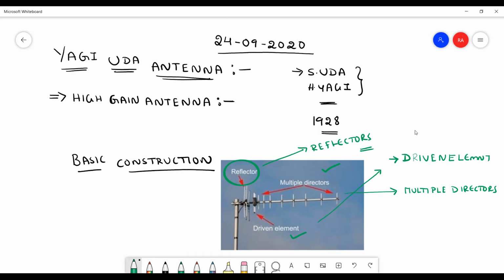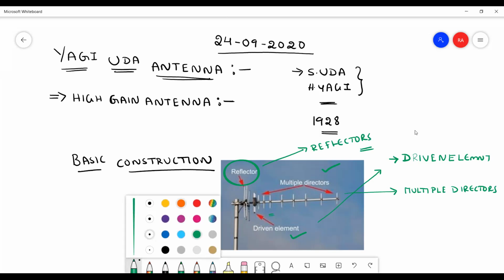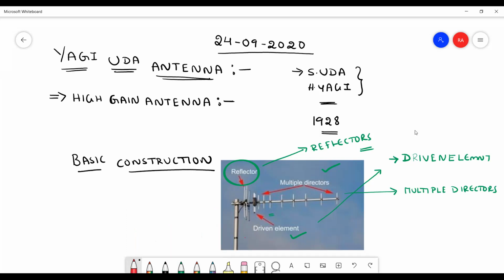The driven element is simply an ordinary lambda by 2 dipole, usually a metallic rod, at the frequency of operation.